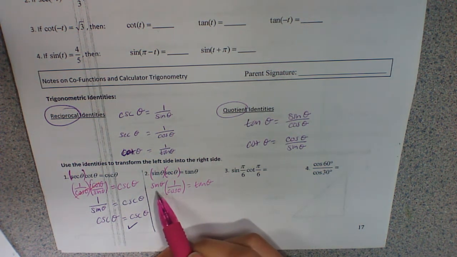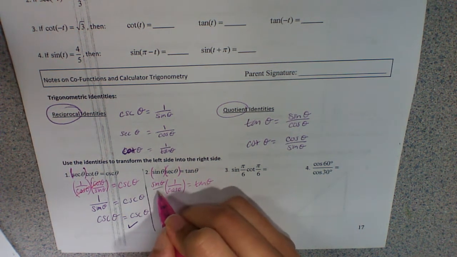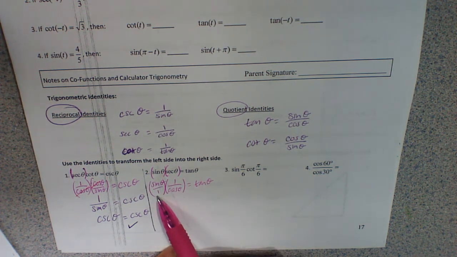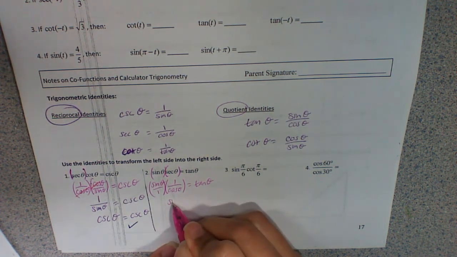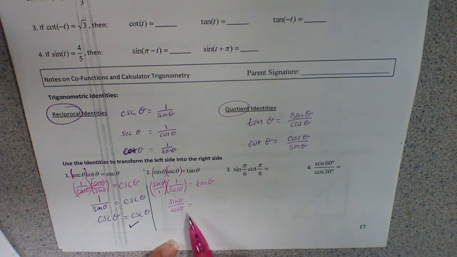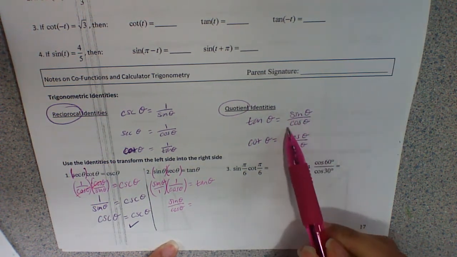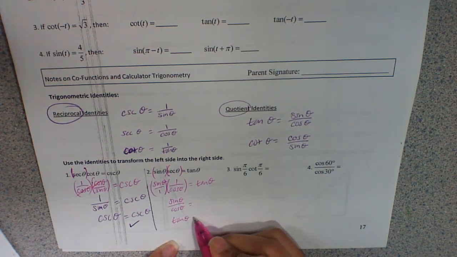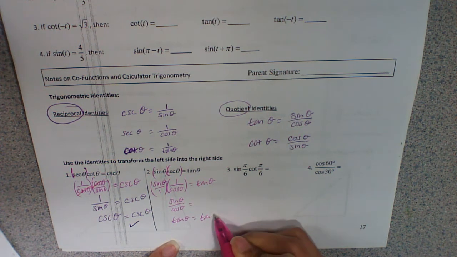So I'm going to write sine of theta as a fraction, sine over 1. I can't cancel anything, but I can multiply straight across, numerator times numerator, denominator times denominator, and that gives me sine of theta over cos of theta. And as you know, according to our quotient identity, sine over cos is tangent. So tangent of theta is tangent of theta.